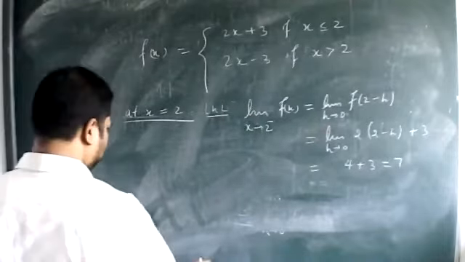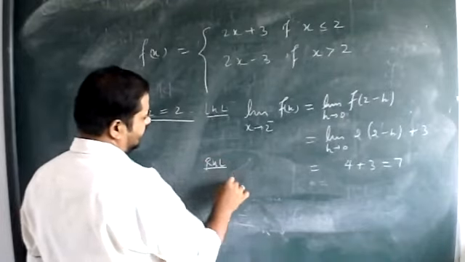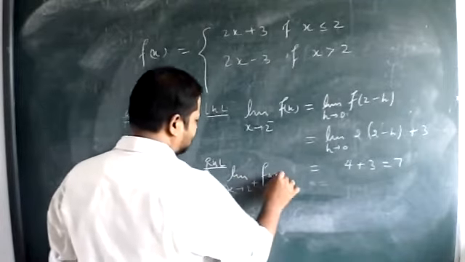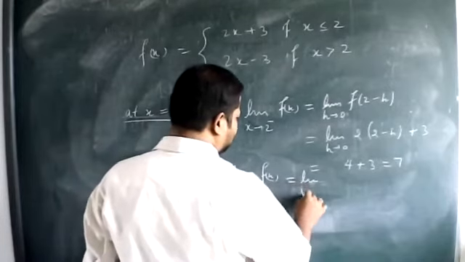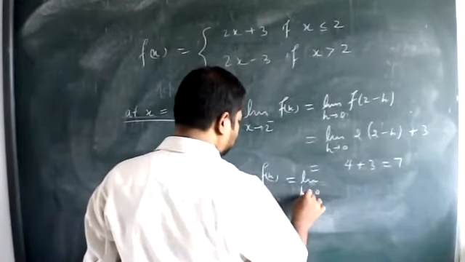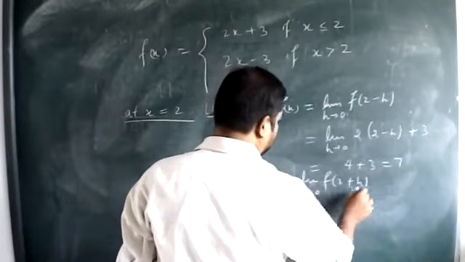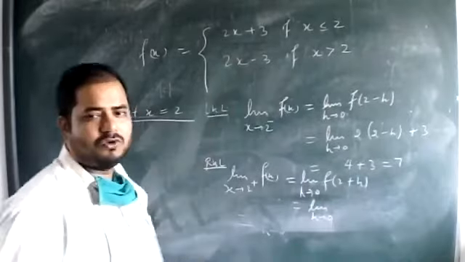Similarly, RHL, limit x tends to 2 plus of f(x). This is equal to limit h tends to 0 of f(2 plus h).